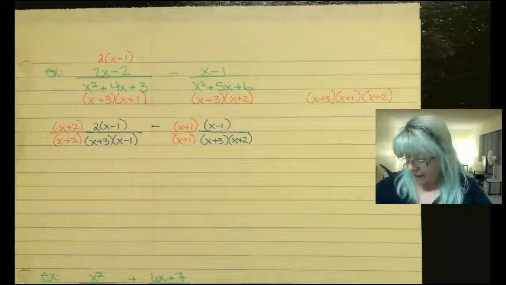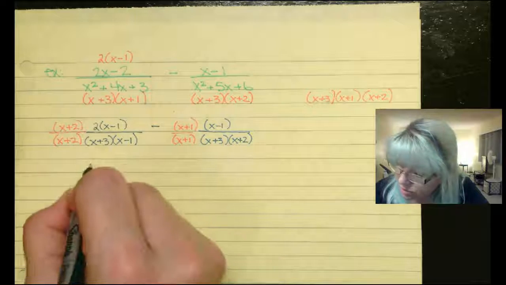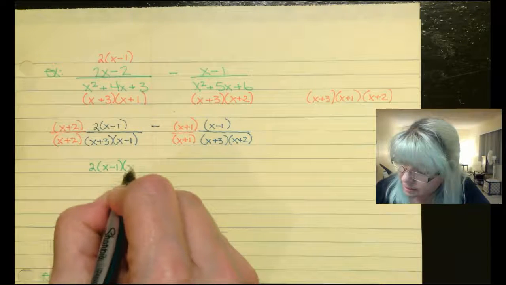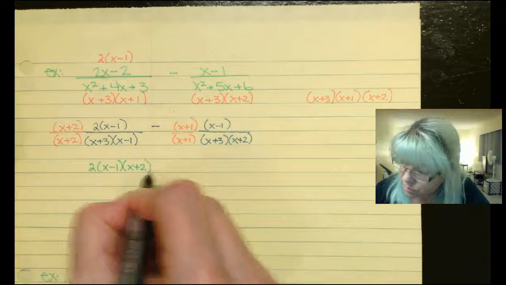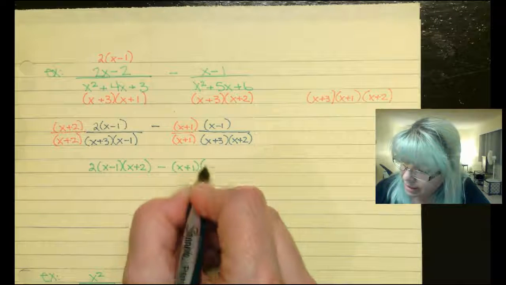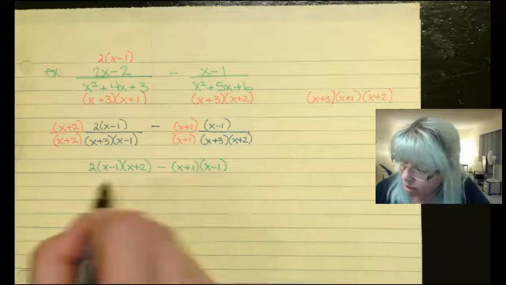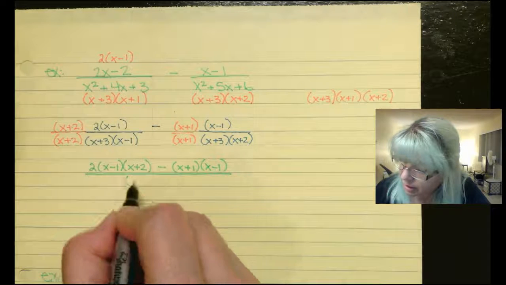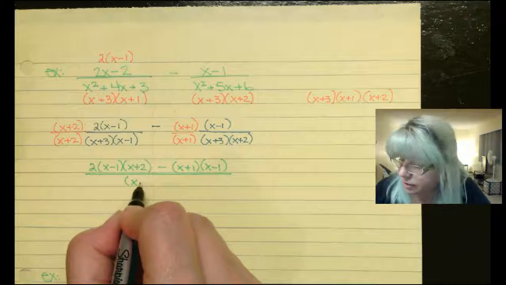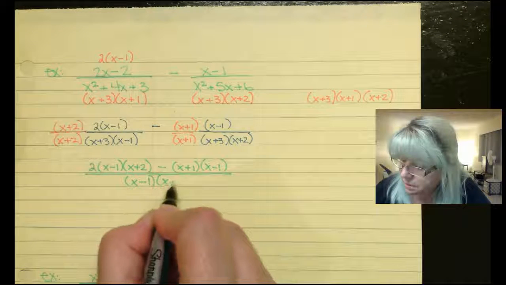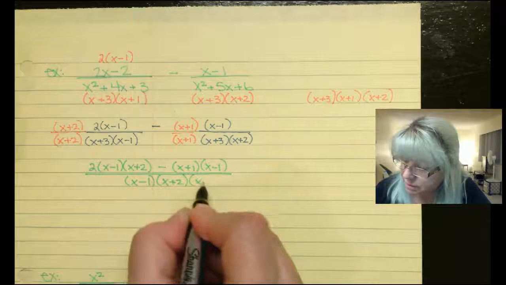Okay. That leaves us 2 times x minus 1 times x plus 2 minus x plus 1 times x minus 1, all over x, I don't know, I'll just do them in order numerically. x plus 1, x plus 2, x plus 3.